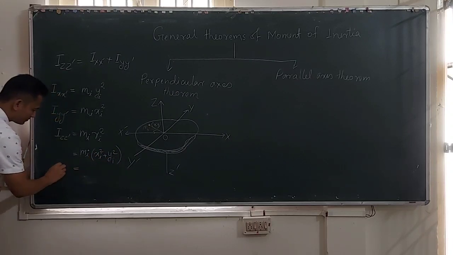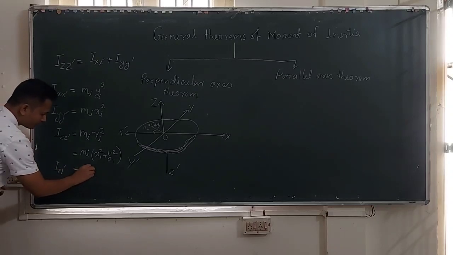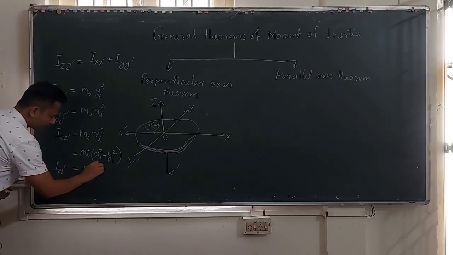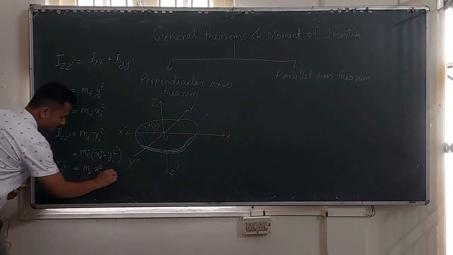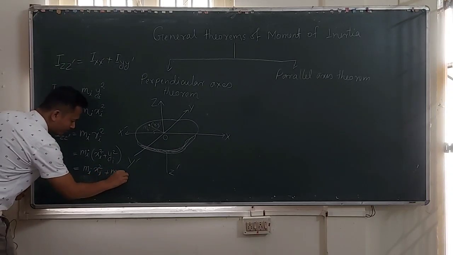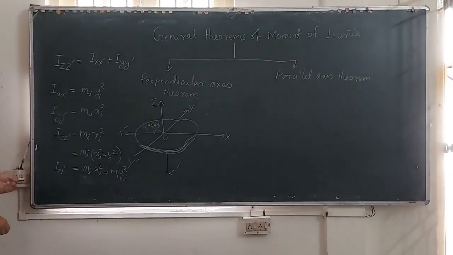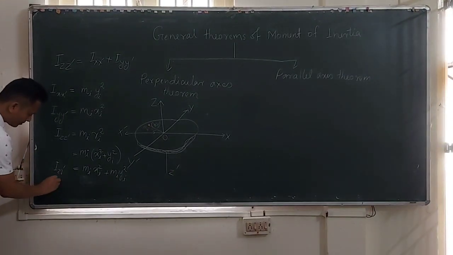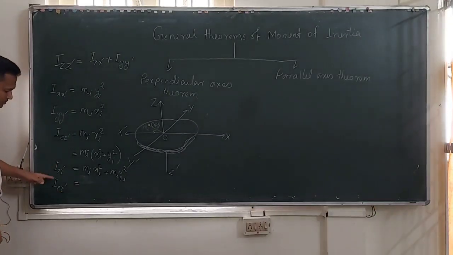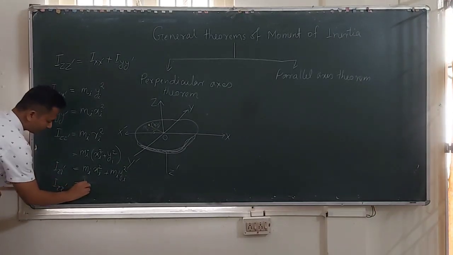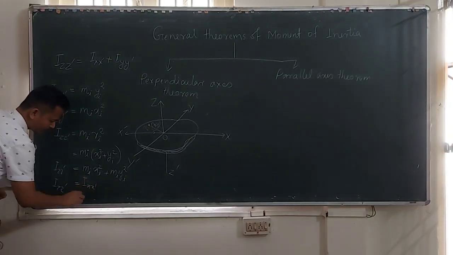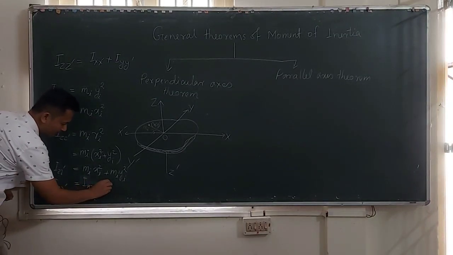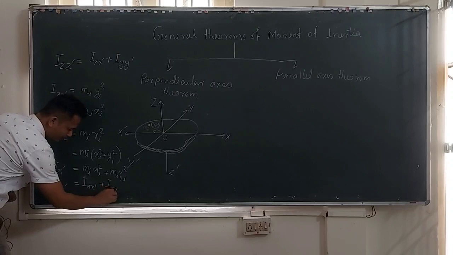That means I z prime is equal to m i x i square plus m i y i square. So the moment of inertia of that particle about the z prime axis is equal to the sum of the moments of inertia about the x prime axis and y prime axis.